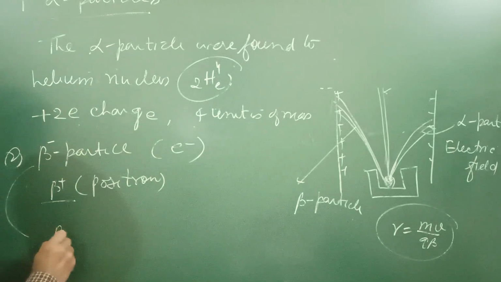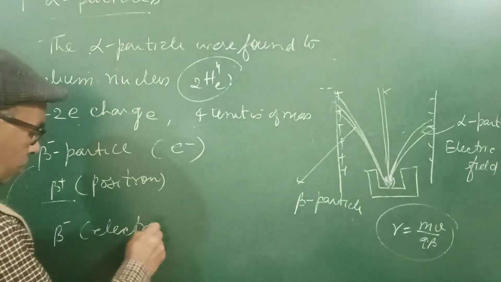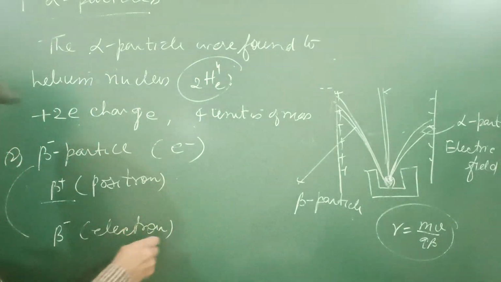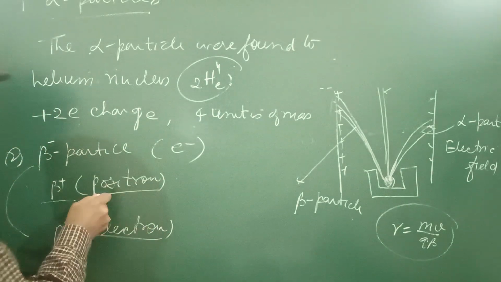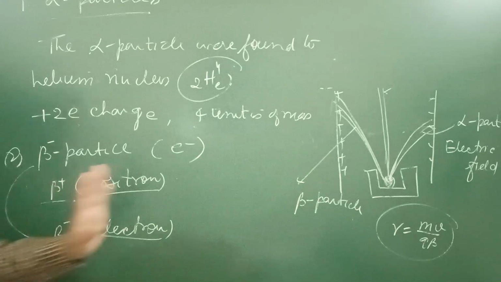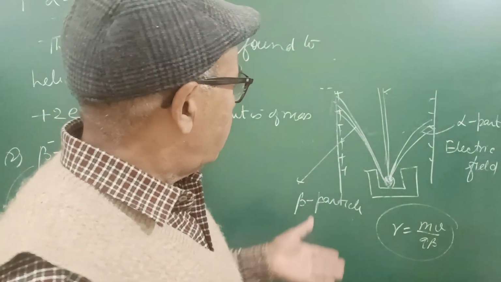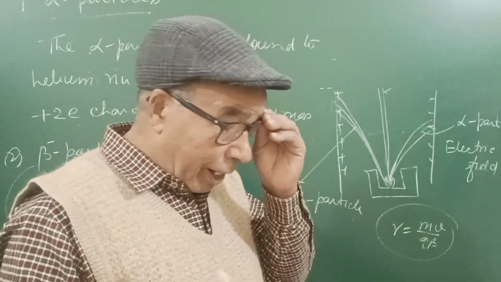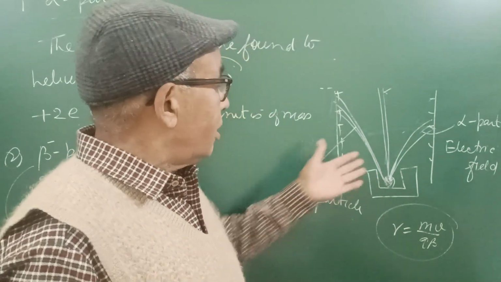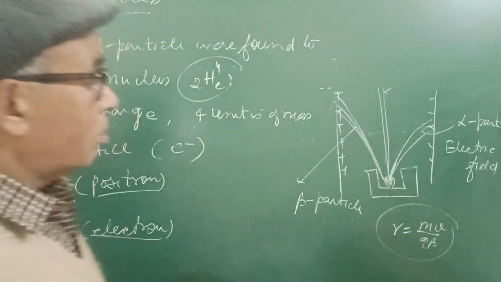Beta minus are electrons. Electron and positron are anti-particles of each other. They have the same mass, and charge plus e and minus e. When beta particles are passed through gas, they produce ionization but less. They also can penetrate through thin sheets and so on.